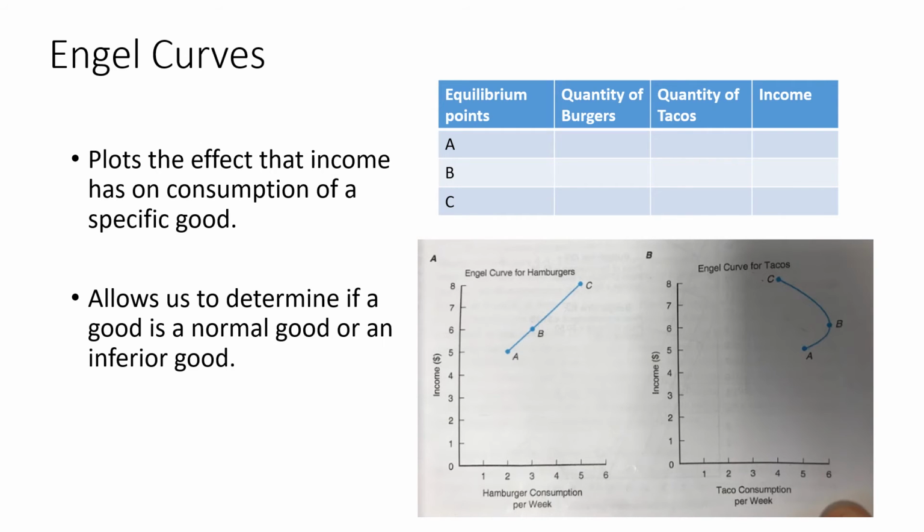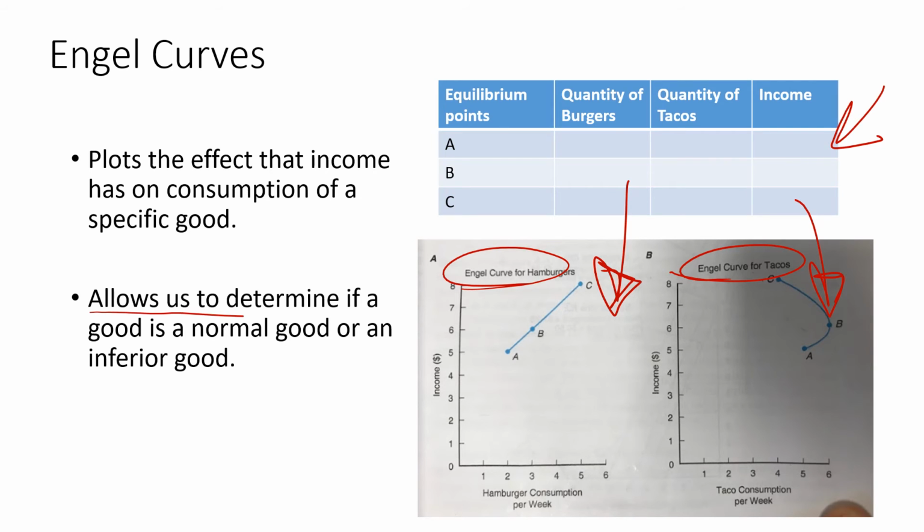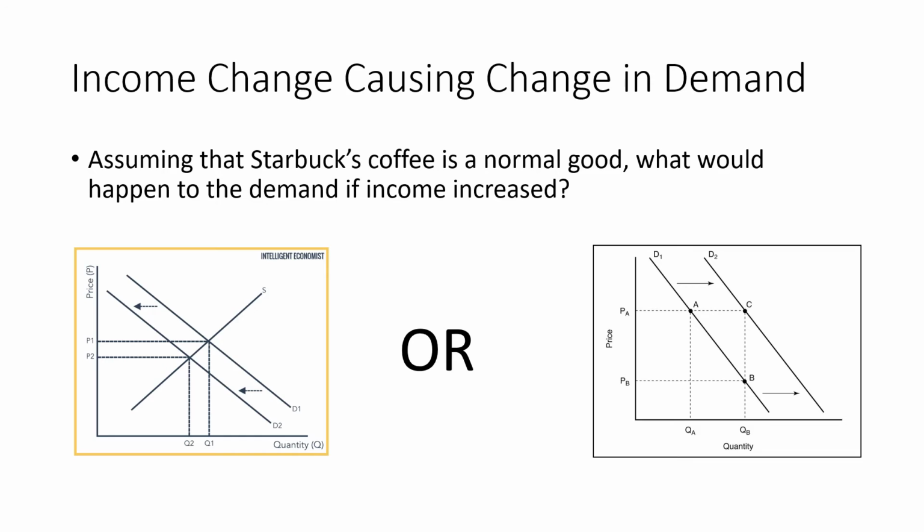This is the exact curves that I was drawing, the Engel curves. So if you wanted to put your data into this chart for the quantity of burgers and tacos, you would see that it directly translates to that Engel curve, which just more easily allows us to see if the good is a normal or an inferior good.